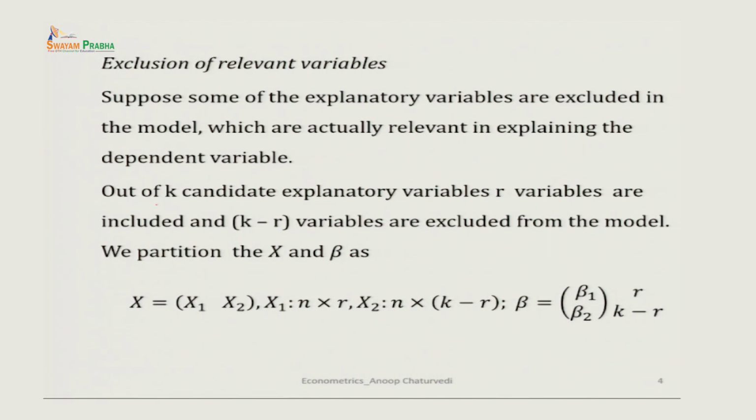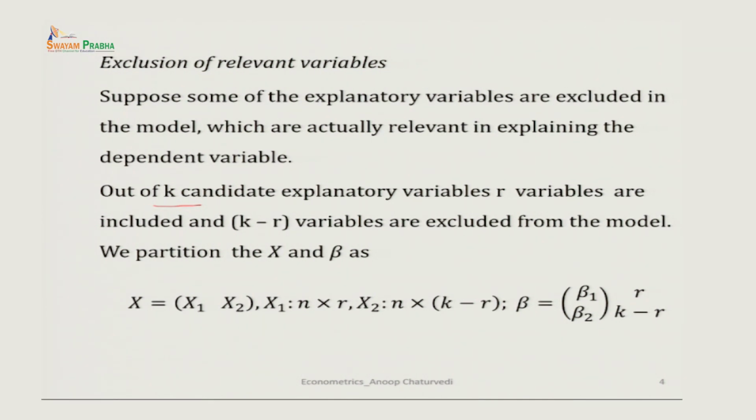So, all these k variables are important, all these k variables are relevant variables, but while specifying the model, you have not included k minus r variables. These k minus r variables are excluded from the model. So, you face the problem of exclusion of relevant variables.